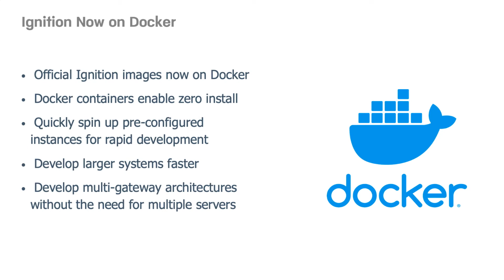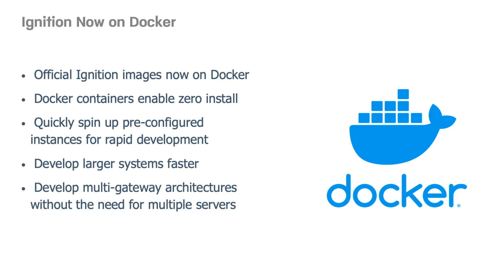Now this is really exciting for me, and that is that all the Ignition modules or images are now available on Docker. And the nice thing about this is that if I've got a Docker image, I don't really have to install Ignition on my laptop. I can quickly spin up older versions, newer versions, check out what the new versions are, and it's really there for rapid development and rapid ease of install.